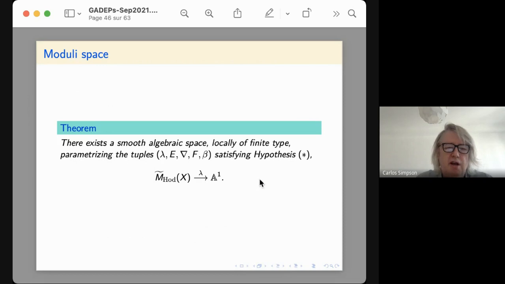Then you can just say that there's a construction of the moduli space. But as I said, it's not going to be a finite type moduli space. It's only going to be locally of finite type, parametrizing these framed logarithmic quasi-parabolic lambda connections over A1. And I put a tilde here because we haven't made a gauge group act.